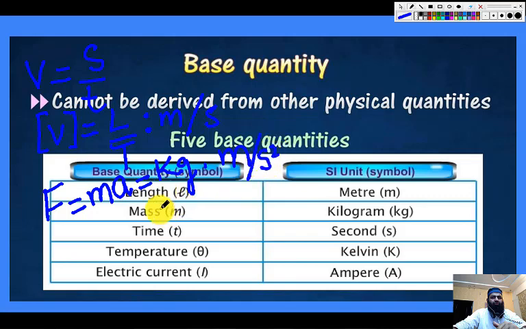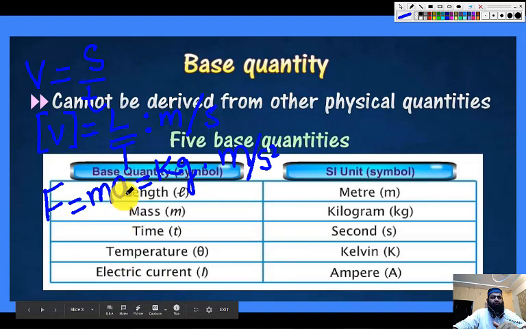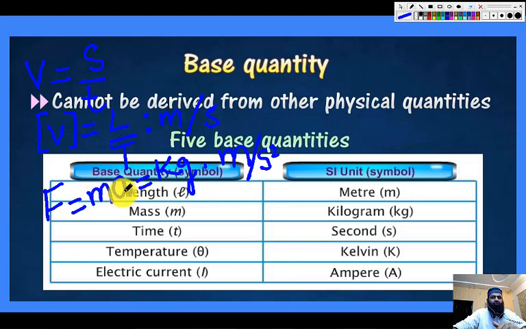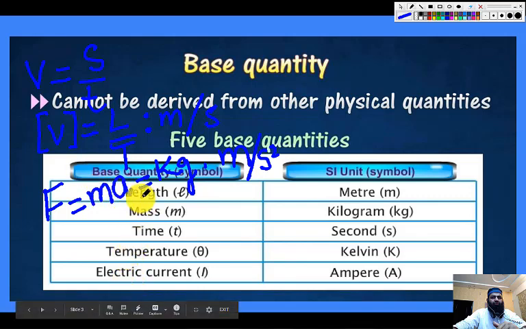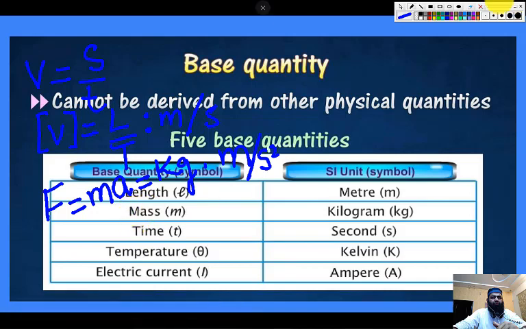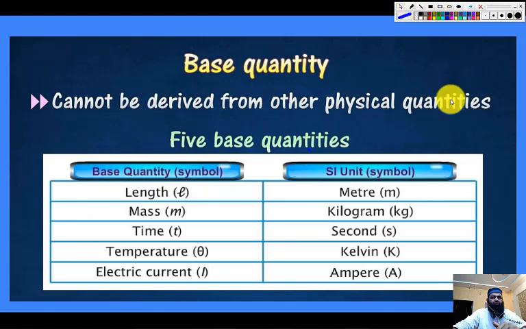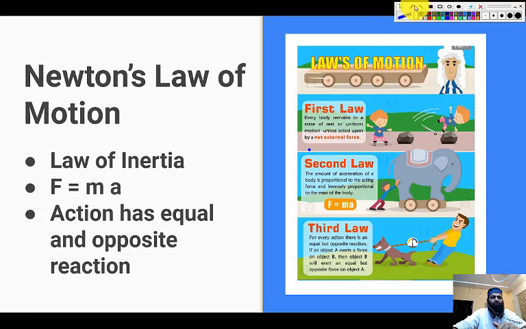So you understand where I'm getting with this, that any other quantity other than these 5 quantities we can represent in terms of these base quantities. That is why these are called the base quantities. Okay, let's move on.